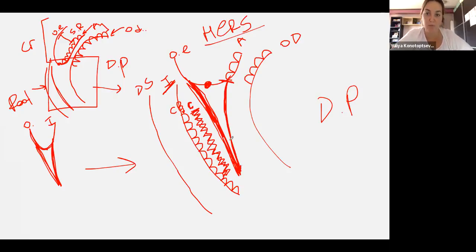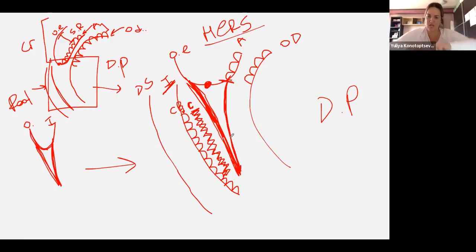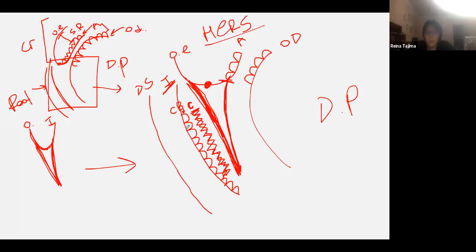So I repeat, this is HERS. Where did the HERS come from? Cervical loop. HERS is just an invagination of the cervical loop deep down. When this HERS appears at the deeper layer of the tooth, it induces what to become cementoblasts? Inner layer of the dental sac. Perfect.